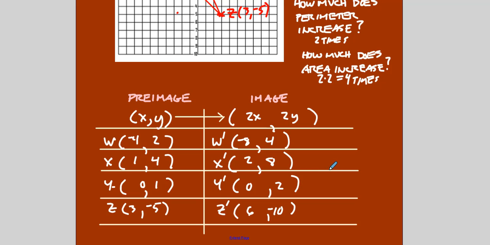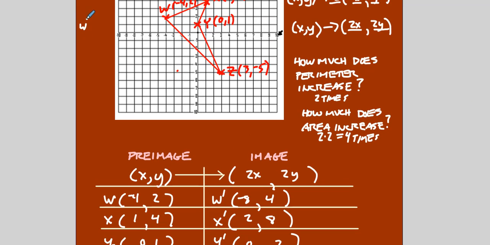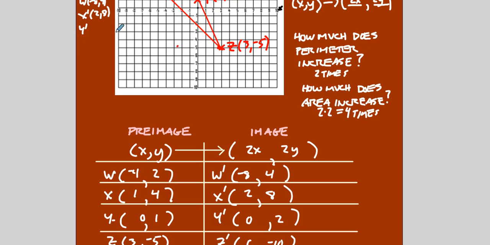Okay, so the last thing we're going to do is copy those coordinates up here so you can see them. W prime is negative 8, 4. X prime is 2, 8. Y prime is 0, 2.